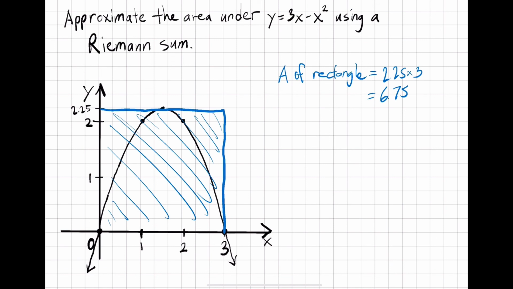And since our parabola is smaller than that rectangle, we know that the area of our parabola is less than 6.75. We can figure that out even without calculus. This is important because there are lots of problems in real life that we can't get an exact answer to, but we can approximate the answer. And that's really, really helpful.